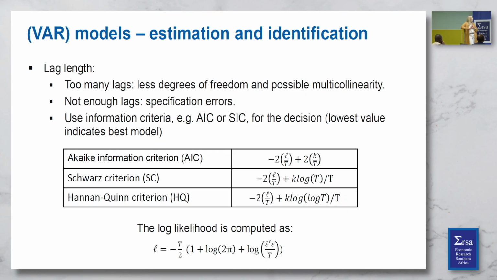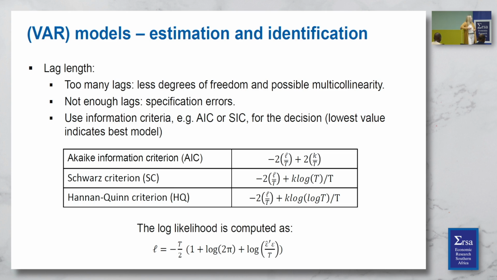And the top one, the Akaike, most often will tend to suggest a larger number of lags. It will tend almost to overfit the model. Whereas the Schwarz criterion, you can see when we take the log of T, if T is large, the log of 100 is a much smaller number.